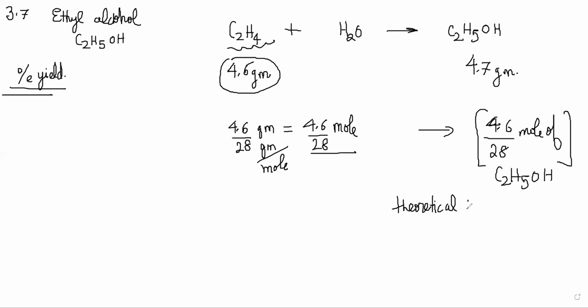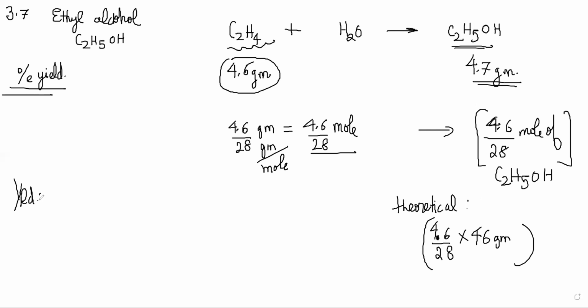The theoretical amount that would have come out is 4.6 by 28 multiplied by the molar mass of this, which is 24 plus 6 plus 16, so 46 gram. This is the theoretical amount that would have come. The real amount is 4.7 grams. So the yield percentage is the real amount, 4.7, divided by the theoretical amount, 4.6 into 46 by 28, into 100.